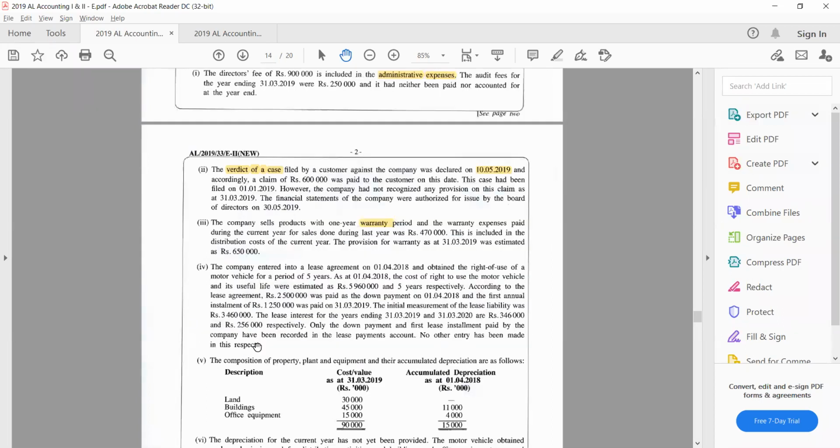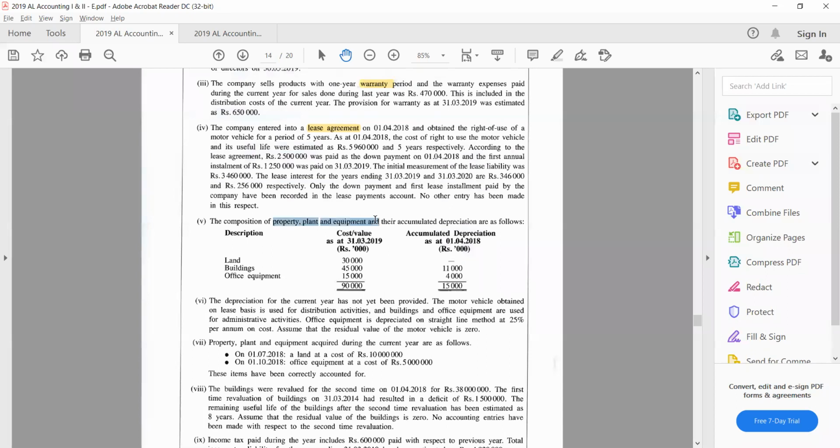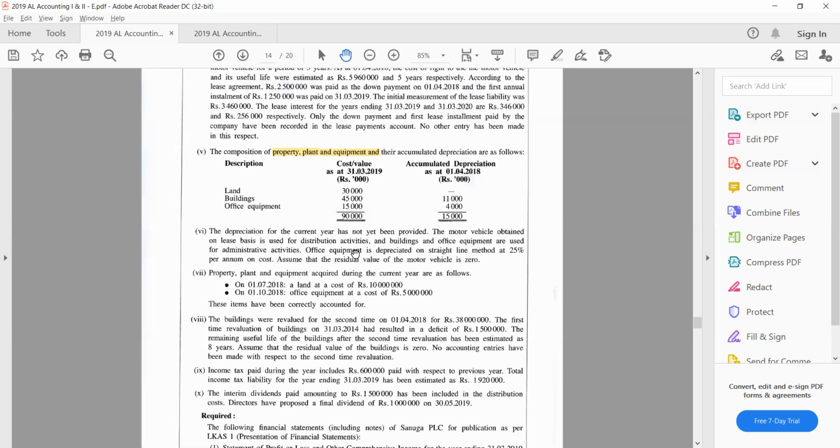Number 4 is on the lease agreement. So we need to find out how much is the lease interest and the lease creditors, current liability and non-current liability of the lease agreement. In the PPE there is depreciation, and there is a revaluation as well.